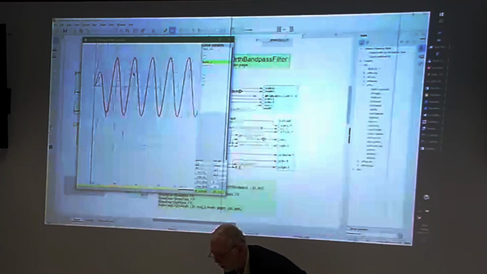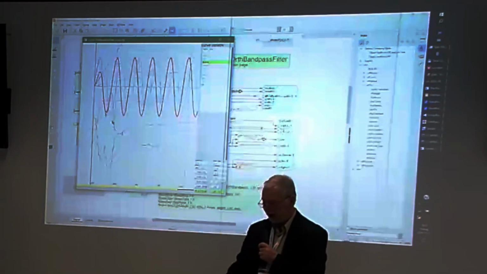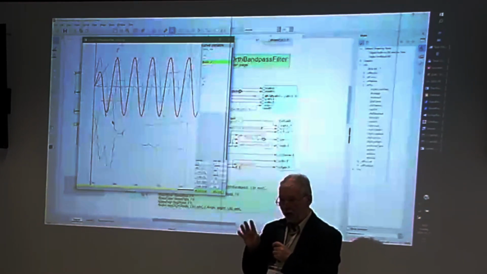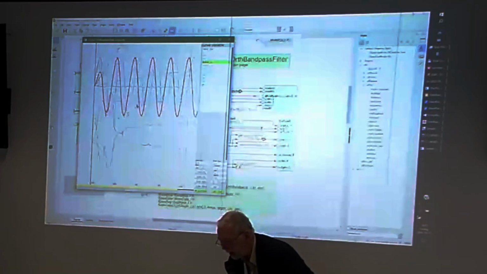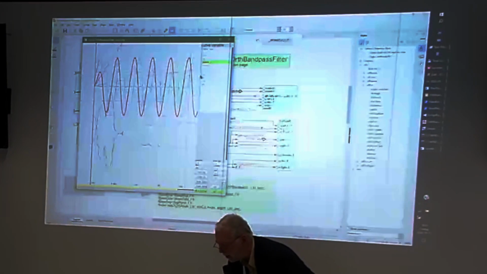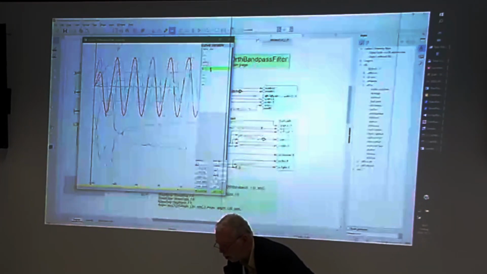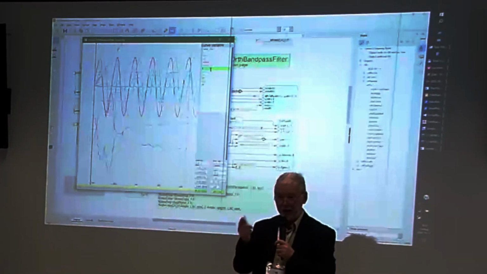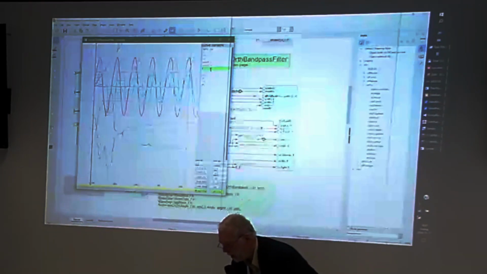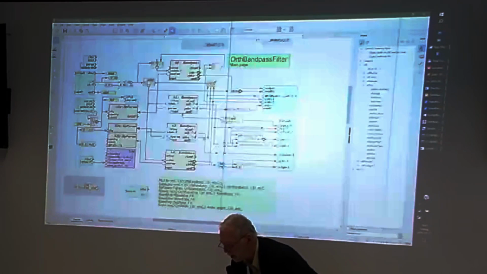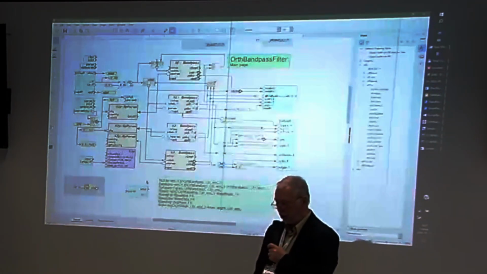Zoom between cursors, yes. You see that the fast bandpass needs only 1 period to swing off. And the slow bandpass is the blue one. It needs a longer time because the filter has a higher damping. That is physics, yeah. And this is here made with function block graphic.